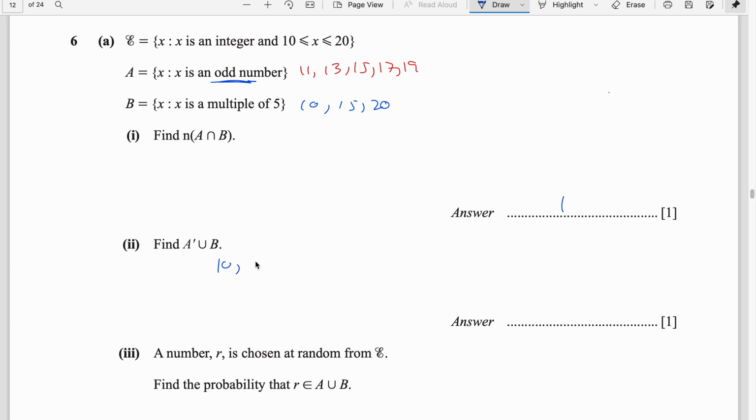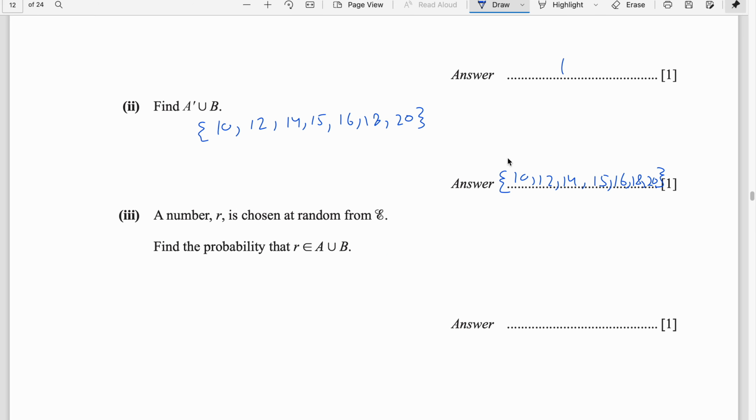So 10, 12, 14, next should be 16, an even number, but 15 because of the union, 18 and 20. So 10, 12, 14, 15, 16, 18 and 20, all the elements separated with commas and enclosed in curly brackets.